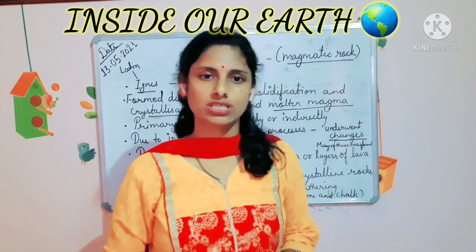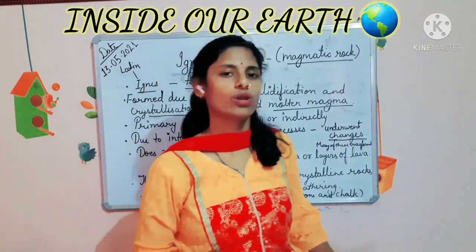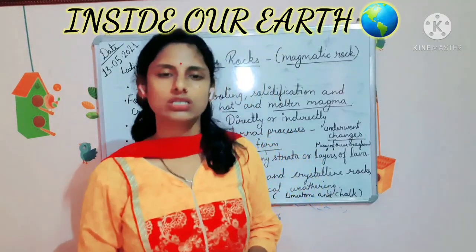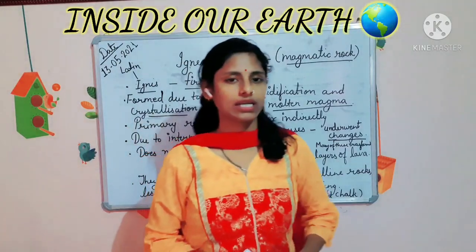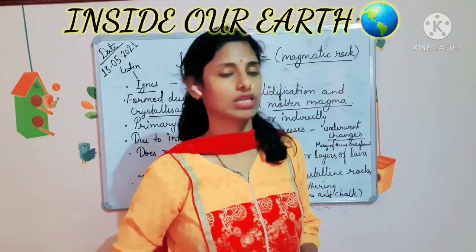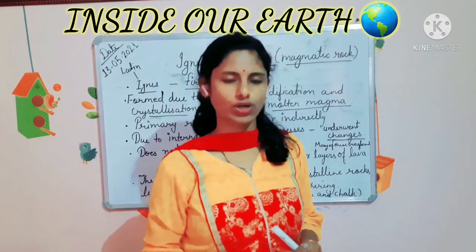But there are always some exceptions. Here also we have exceptions, like limestone and chalk, which are rocks that can be affected by chemical weathering and can dissolve with rain or chemical water.